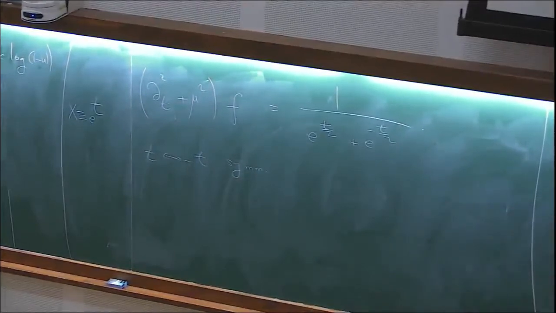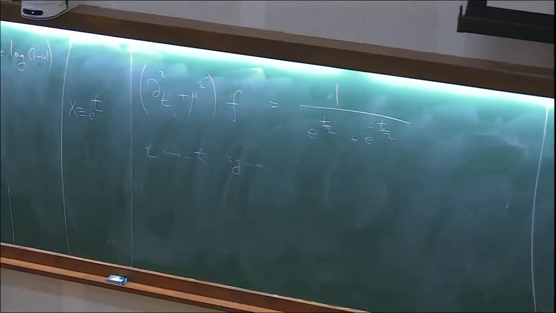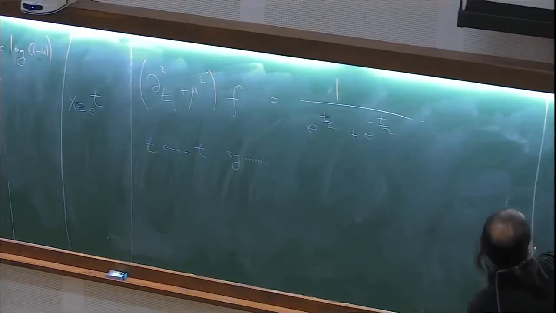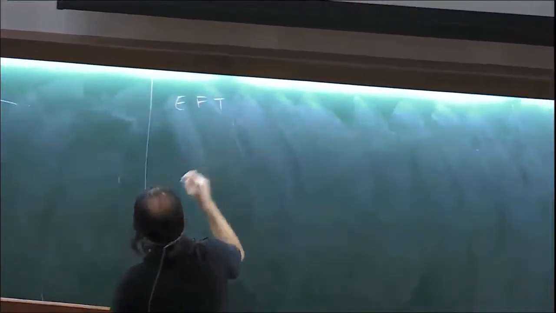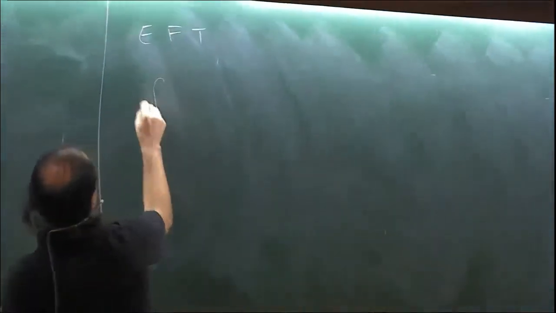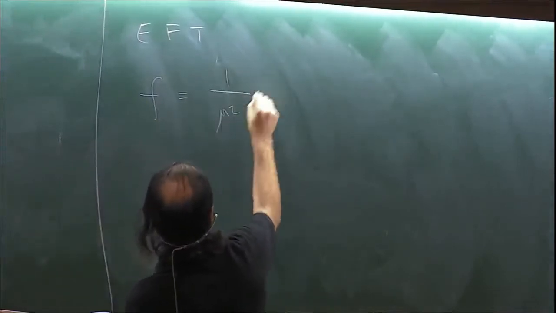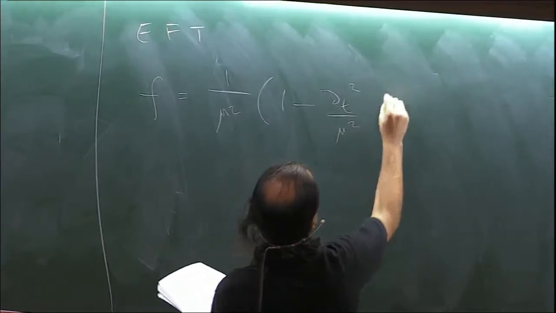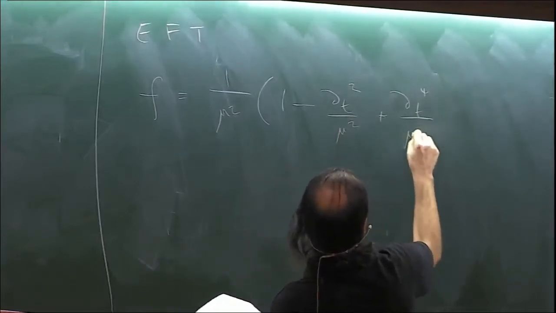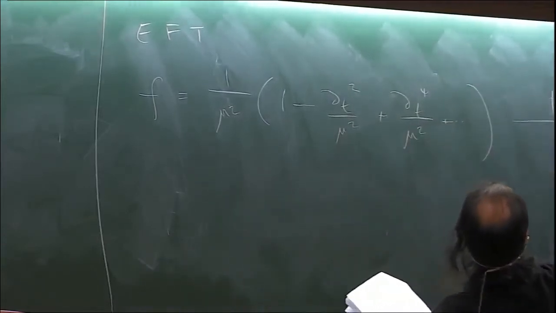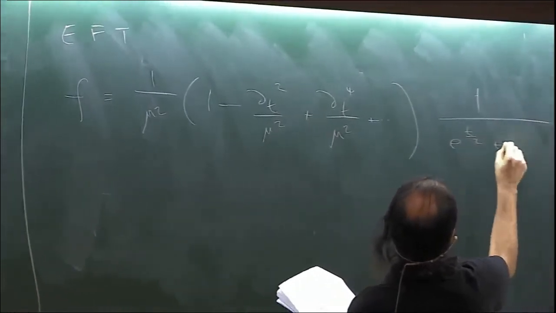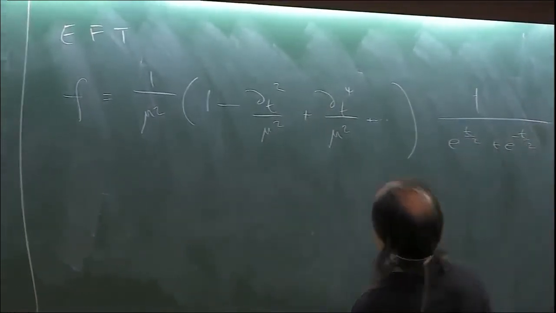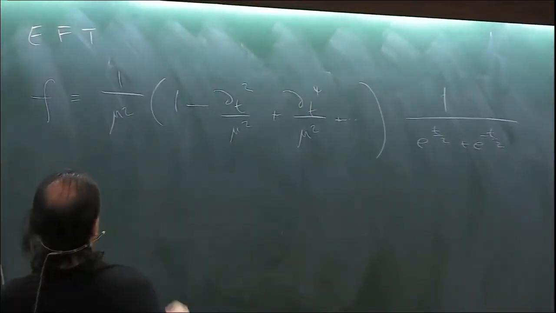Okay? All right, so again, the effective field theory solution is just little f is 1 over mu squared, 1 minus dt squared over mu squared, plus dt to the fourth over mu squared, plus dot dot dot, times 1 over e to the t halves plus e to the negative t halves. So again, this is perfectly fine.